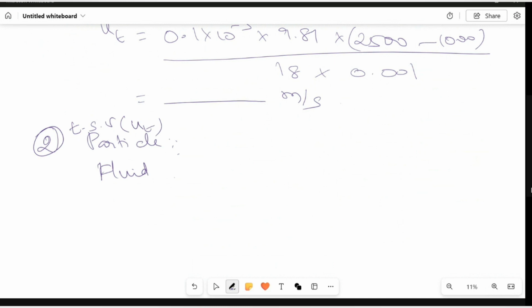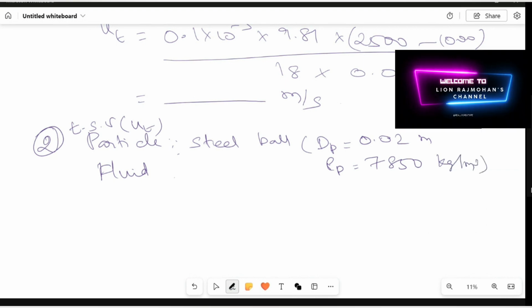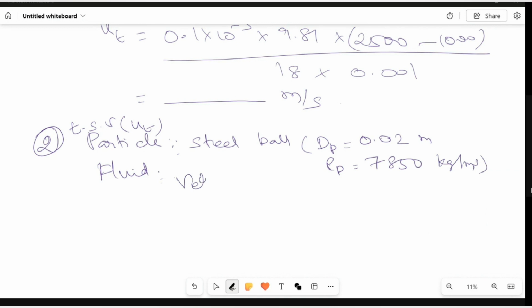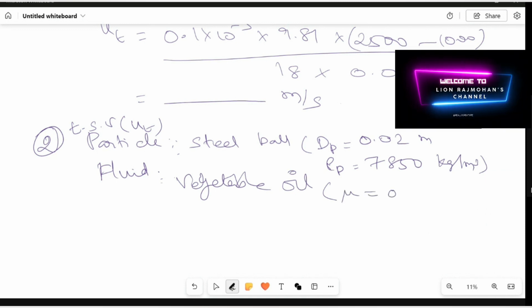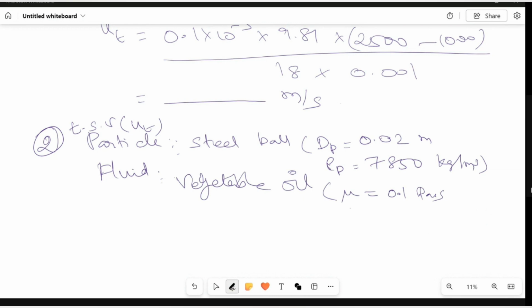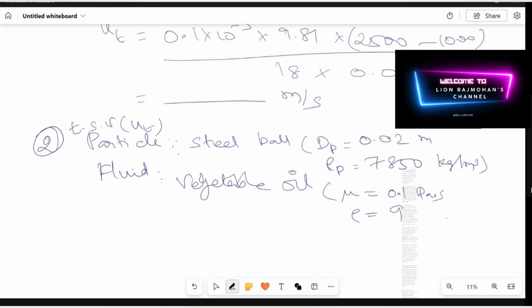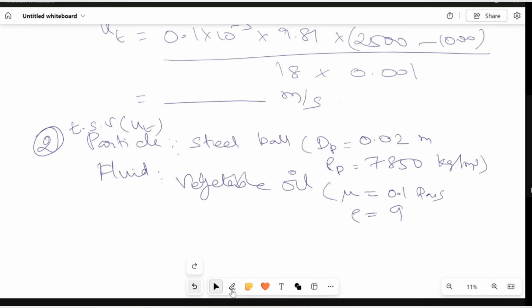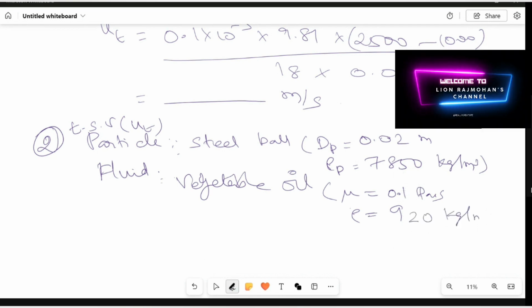Consider a steel ball with a diameter 0.02 meters and density 7850 kg per meter cube, and the fluid is vegetable oil with viscosity 0.1 Pascal second and density 920 kg per meter cube.